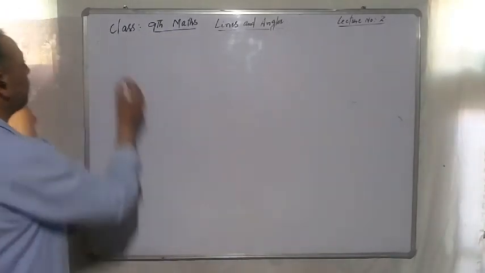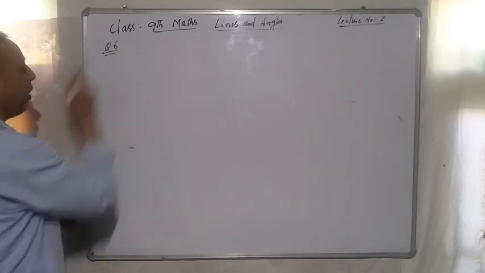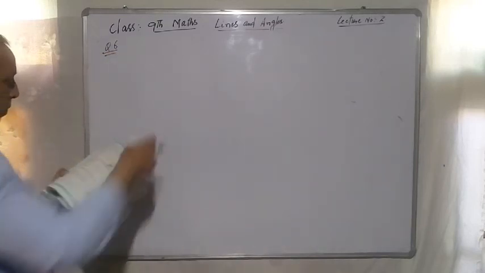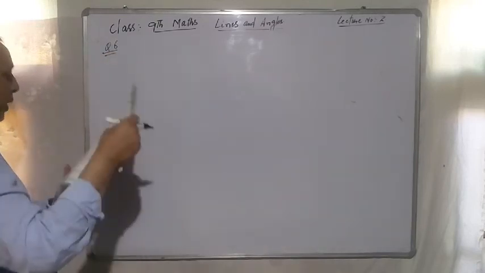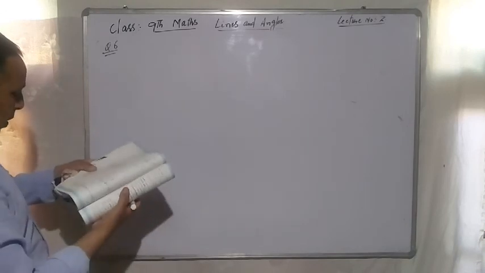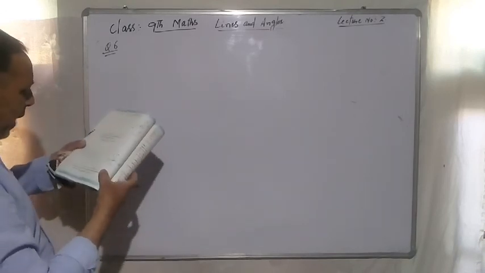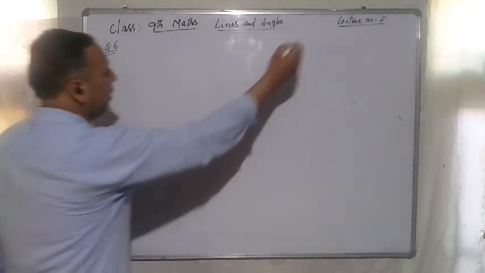Sixth question. This is the last question of this exercise. Question 6 says that it's given that angle XYZ is equal to 64 degree. Let me draw the figure.